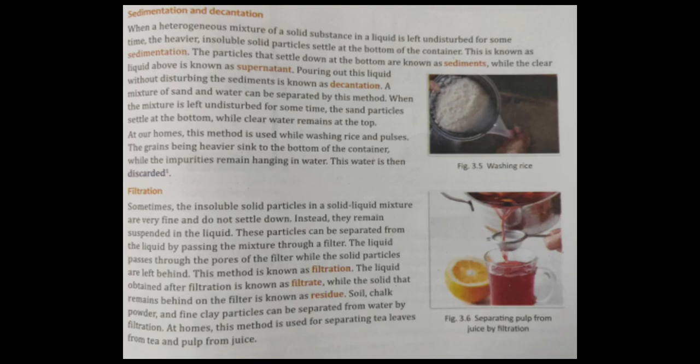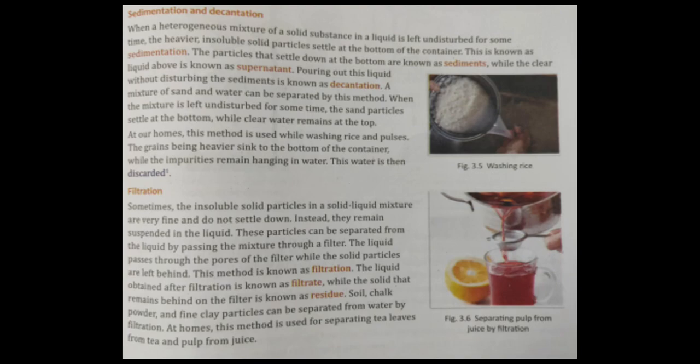Number three is filtration. The process of separating insoluble solid particles from a solid-liquid mixture by passing it through a filter is called filtration. Filtration can be done with the help of filter paper; charcoal and a layer of sand can be used as filters for the process of filtration.